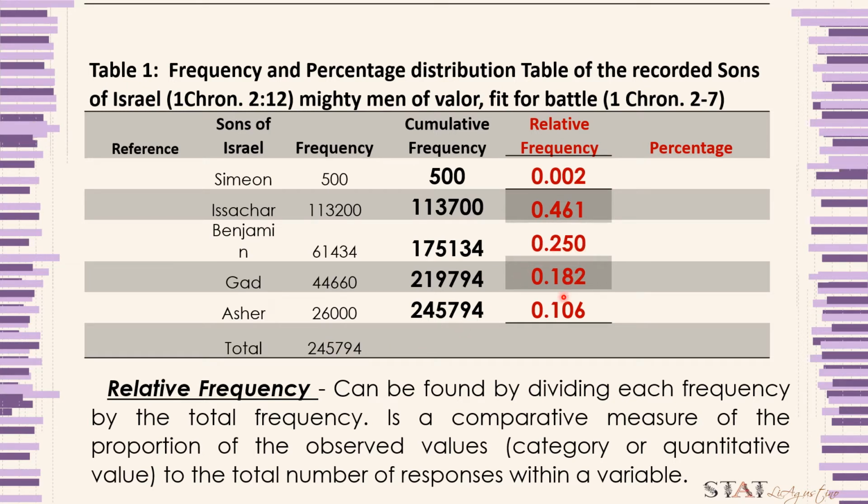And so on and so forth. We can see here there must be a 1 here because the total frequency divided by the total frequency should, of course, be 1. So that's how you compute the relative frequency.